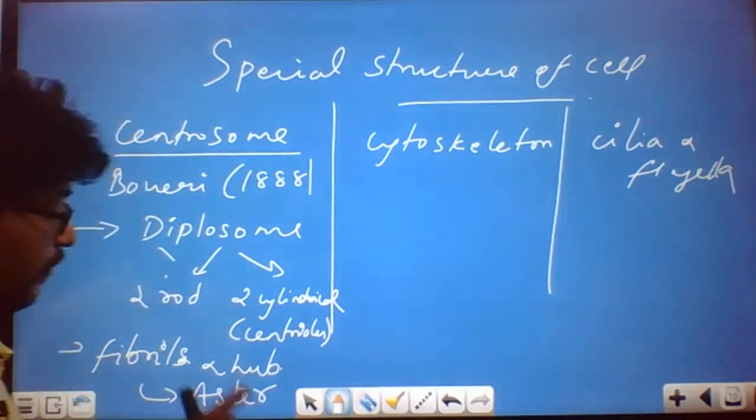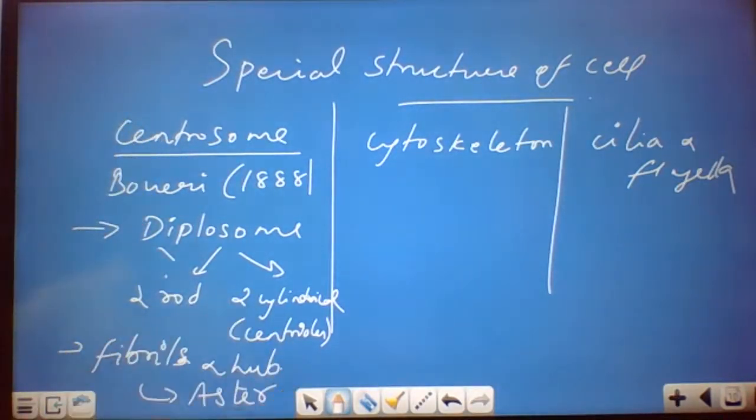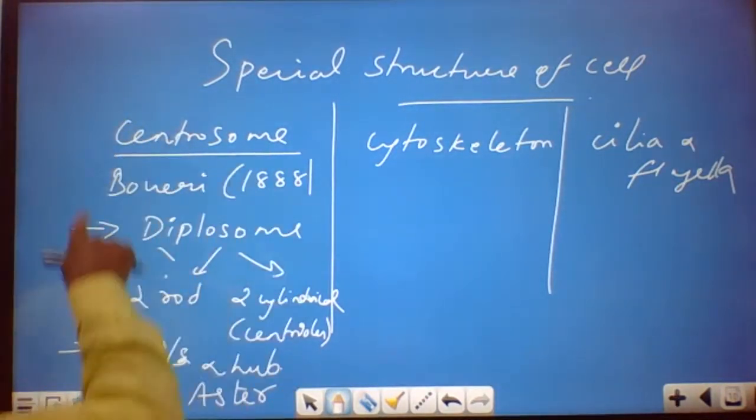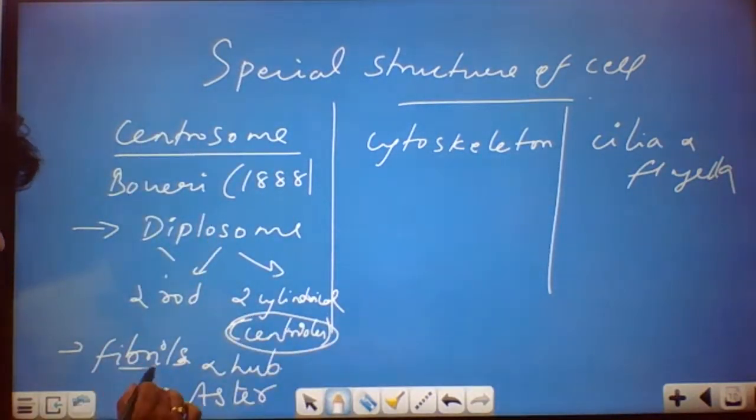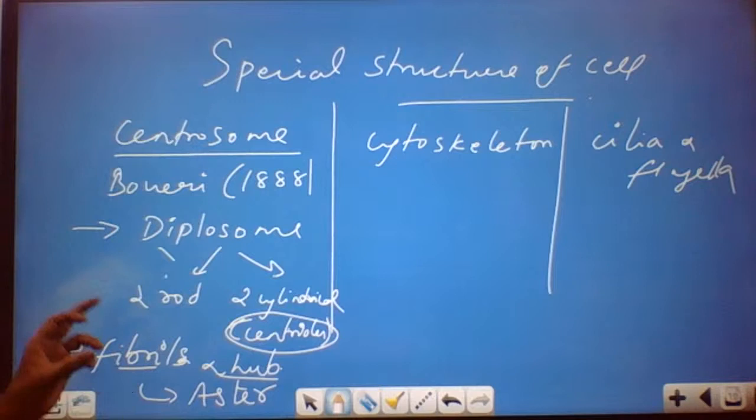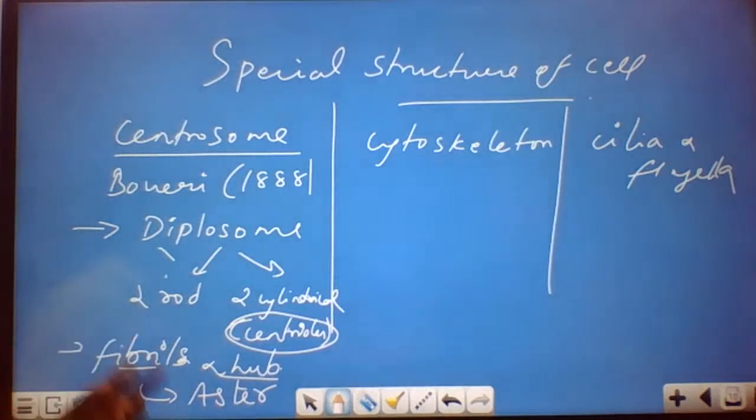This happens by means of the centrosome, especially by means of the centrioles. The centrioles consist of fibrils and hub. These two play a very important role in cell division, where the centrioles develop radiating threads.